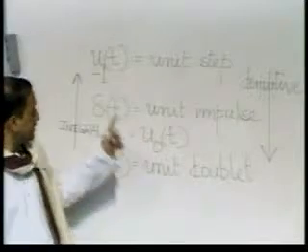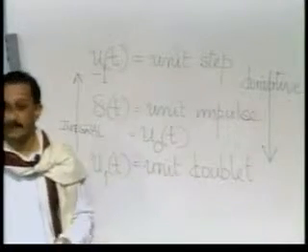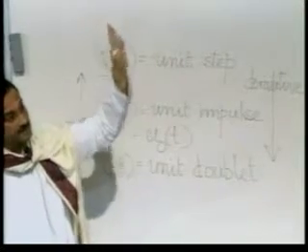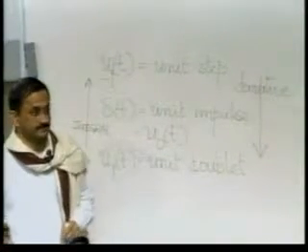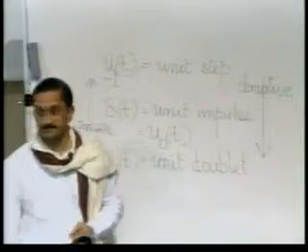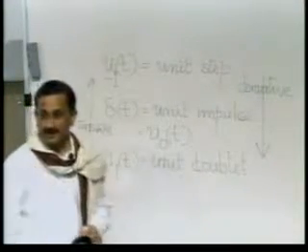Of course, you must interpret the integral as a running integral. Running integral means an integral from minus infinity up to the time in question. Derivative, of course, doesn't need explanation. Derivative is a local operation.